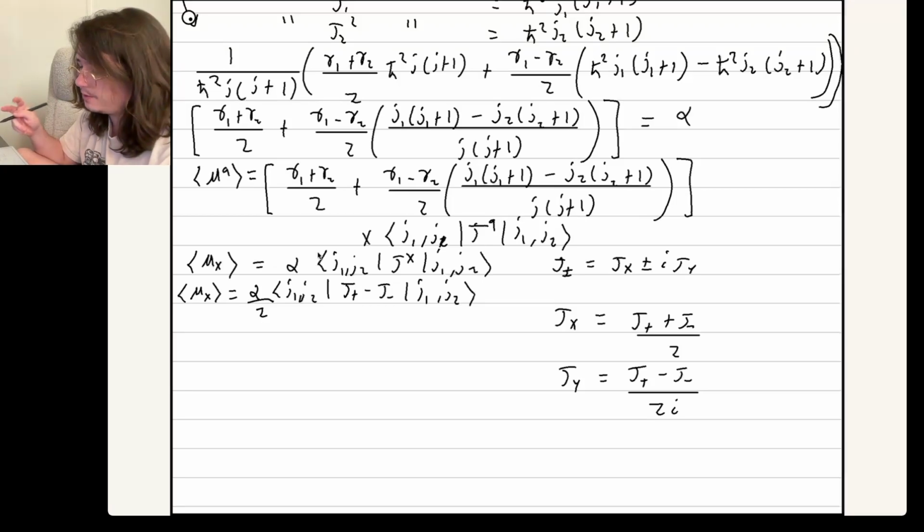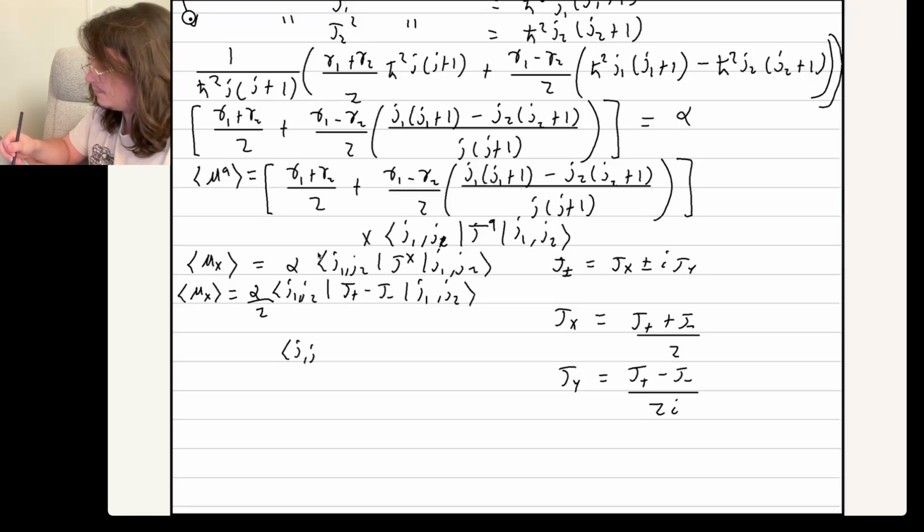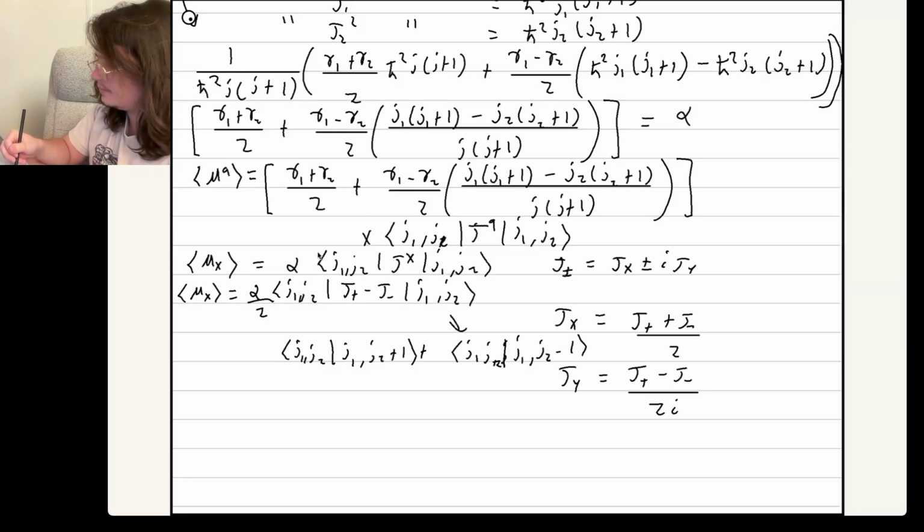And I'm not even going to talk about the eigenvalues of these operators, because as it turns out, you'll have one that is multiplied by J1, J2 plus 1, and you'll have a couple of vectors that are multiplied by J1, J2 minus 1, both of which will be 0. So don't even worry about mu x.